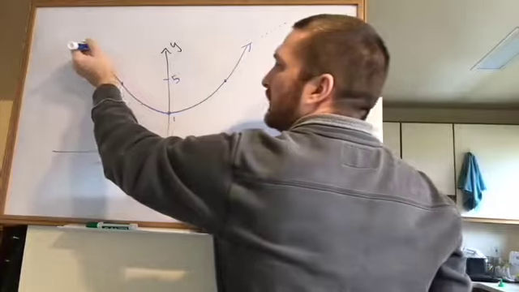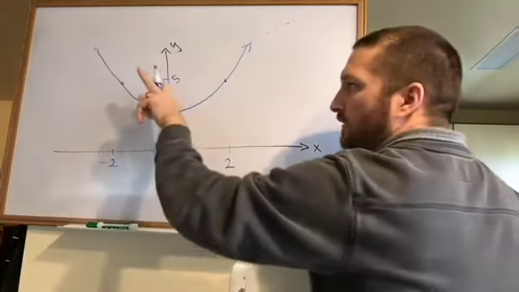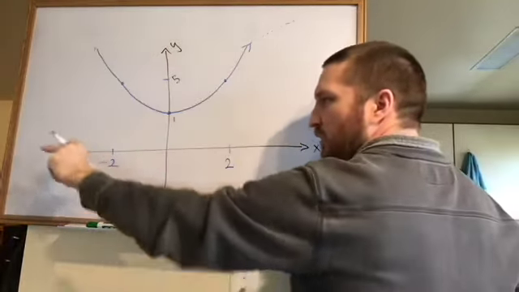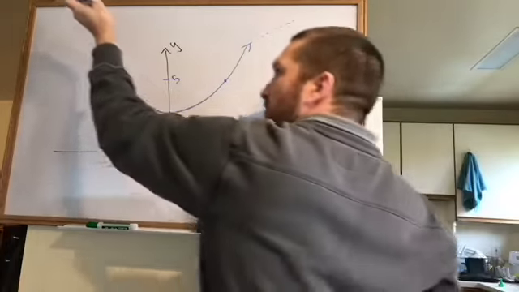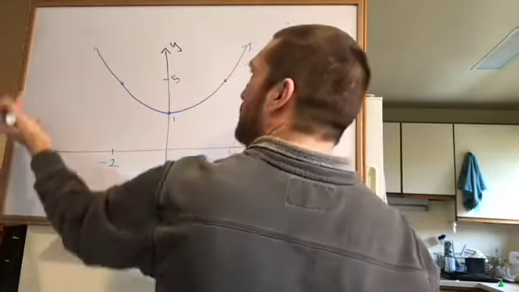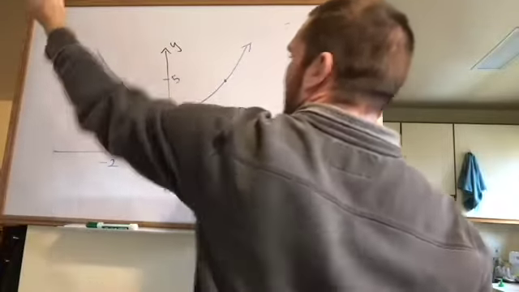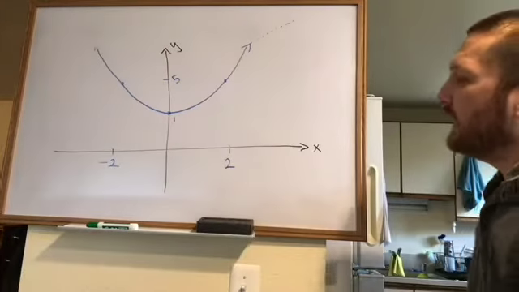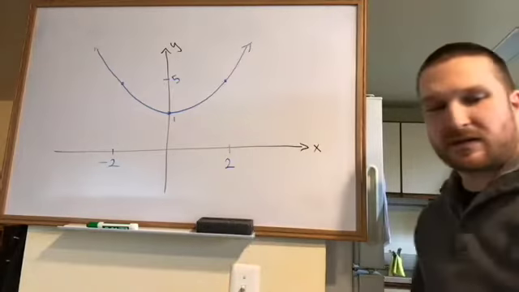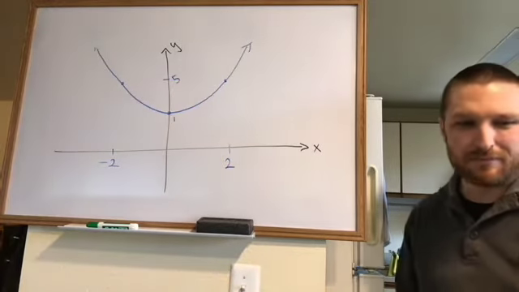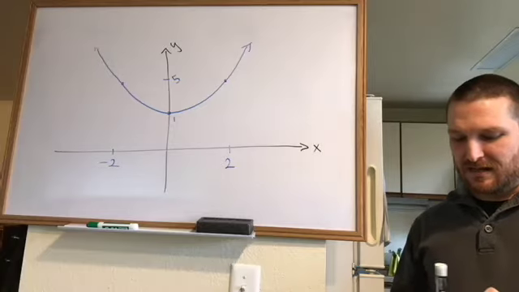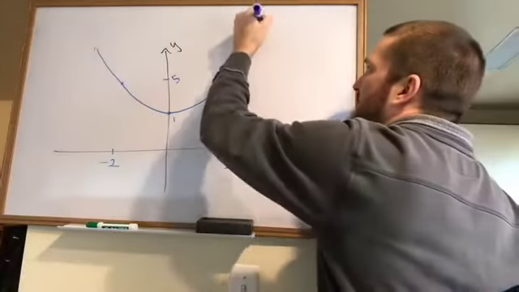Same thing over here, it's going to go on forever in that direction. So any negative number you imagine, eventually this will get so far over that the negative number will jump up and touch that guy. So right now I've defined a function. It's not very explicit. We can't do much with it besides the 3 points that I've given us. But we're going to call it f of x.